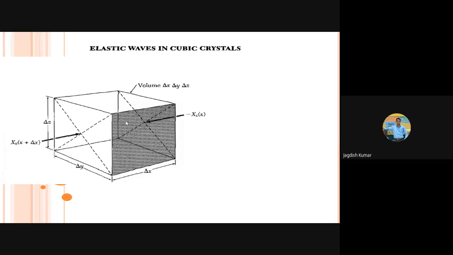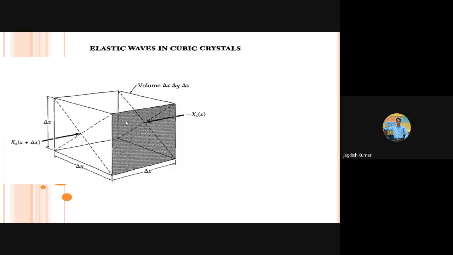Okay, fine. So now let us begin with the next part of what we were discussing in the last class. In the last class, we discussed how we can obtain the stress strain relations for a cubic crystal, and we saw that we have only three independent values of stiffness constants.